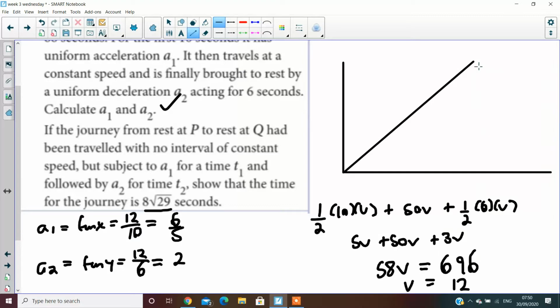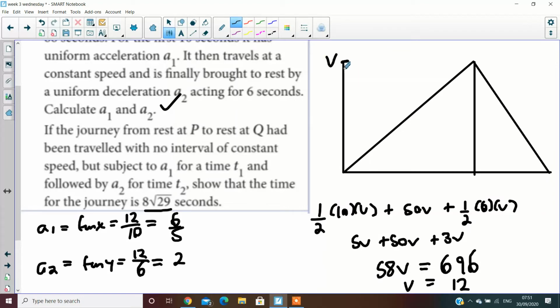You're going to jam on the brakes. Your deceleration phase is a bit more aggressive, so steeper slope, and you have your 2 triangles, okay? We don't know the V value because it's no speed limit, so we don't know how long it took to get to the peak. Is that all right so far? No idea how long that took to get to the peak.